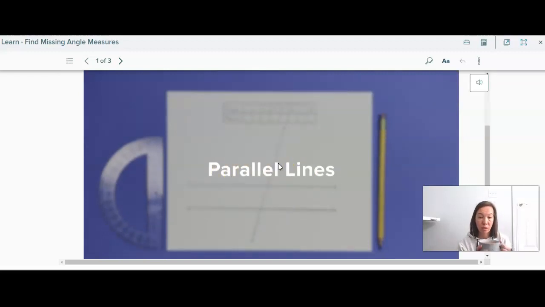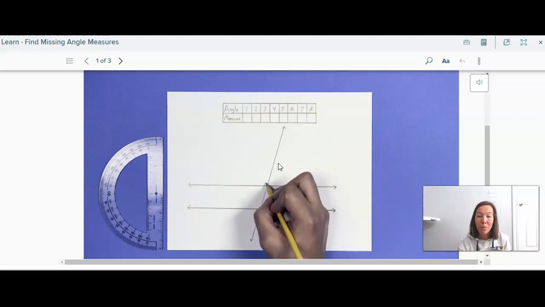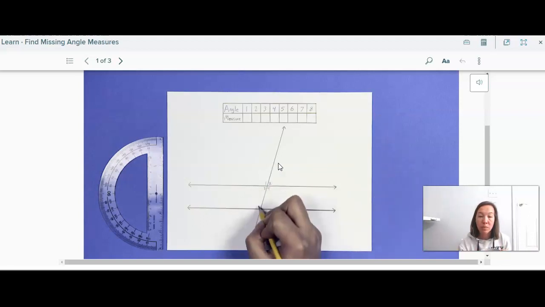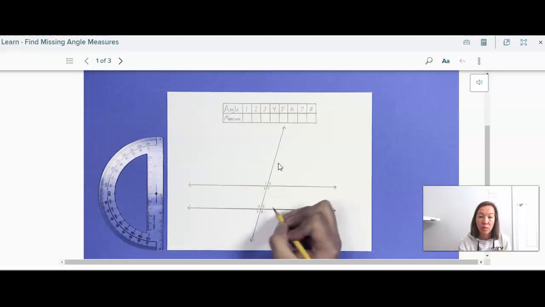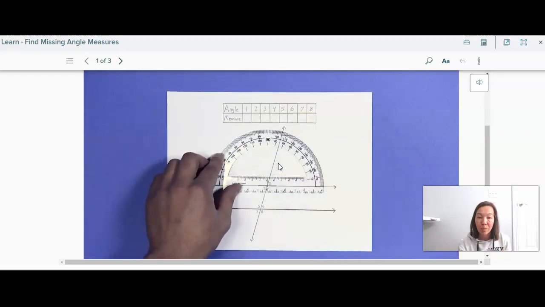Parallel lines. Parallel lines cut by a transversal have special angle relationships. Let's number the angles. Now, measure each angle and record the measurement in the table.